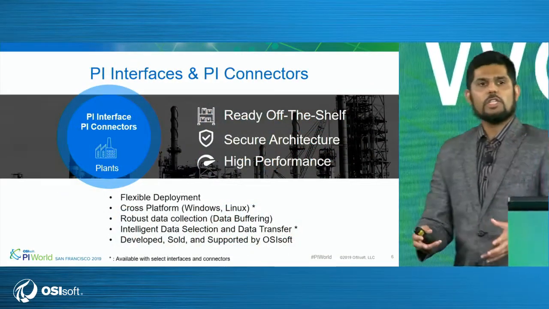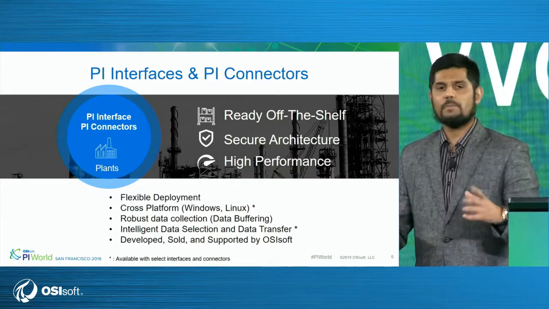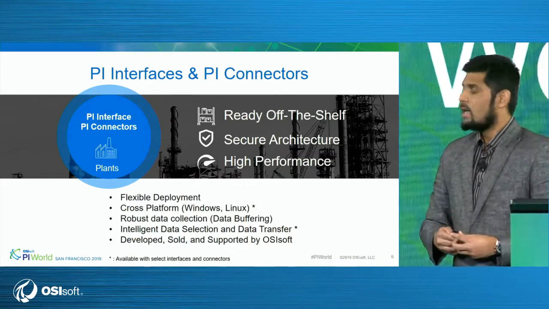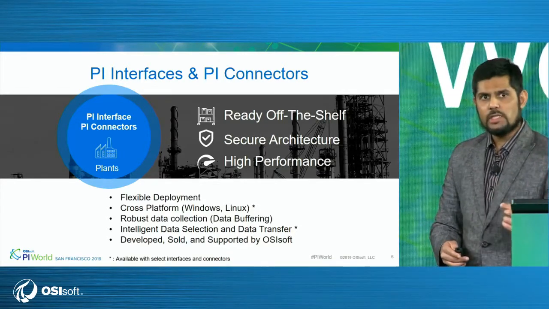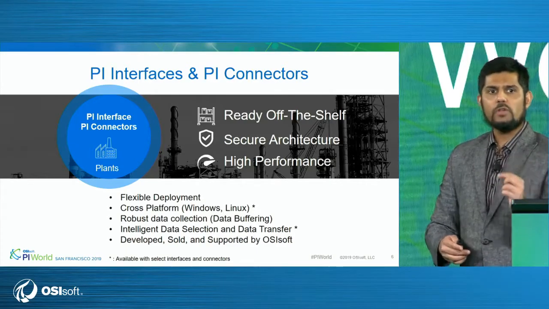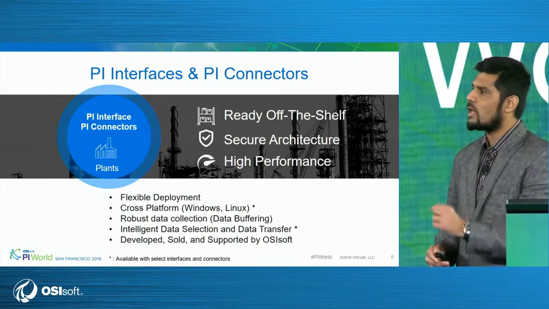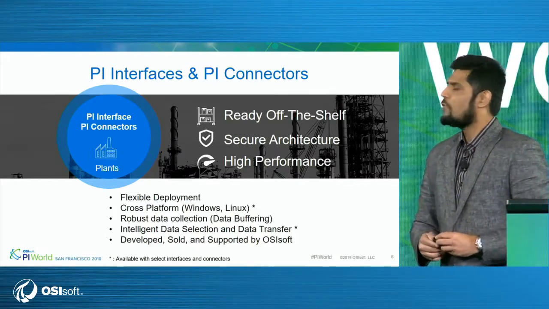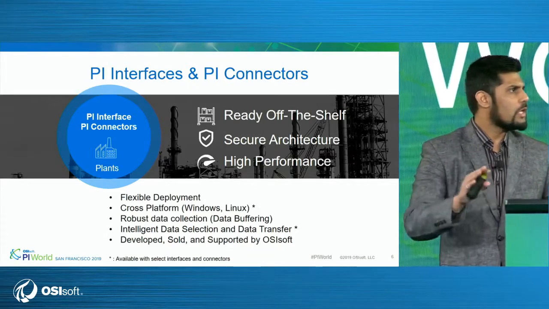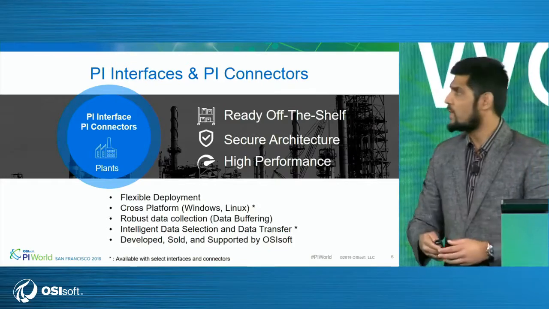So let's take a closer look at the first piece of the puzzle, PI interfaces and PI connectors. In a nutshell, these are OSIsoft developed solutions that provide an out-of-the-box connectivity solution for you to deploy and start collecting data instantly. For anyone who's not familiar with what a PI interface or a PI connector is, need not worry. I'll get to that in a bit.